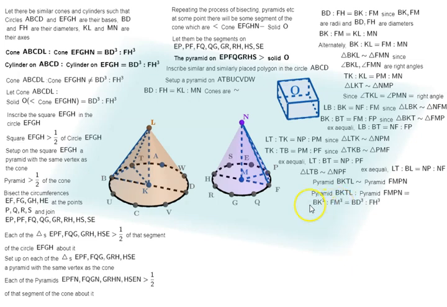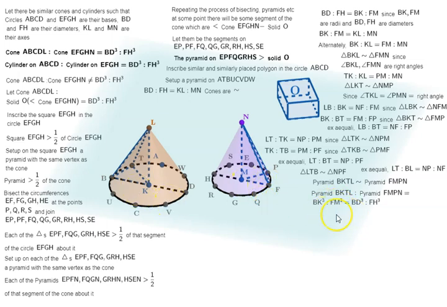And we know that pyramid BKTL is to pyramid FMPN is in triplicate ratio of the bases. And bases are BK and FM. But this is just the radii of the circles.